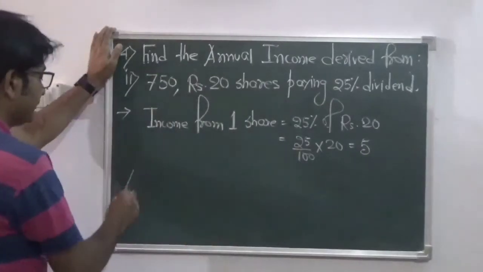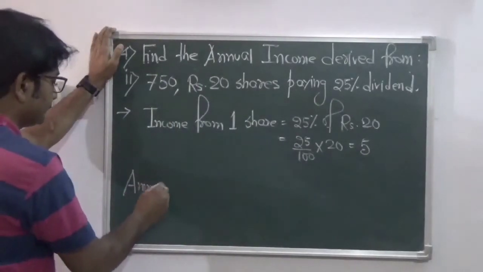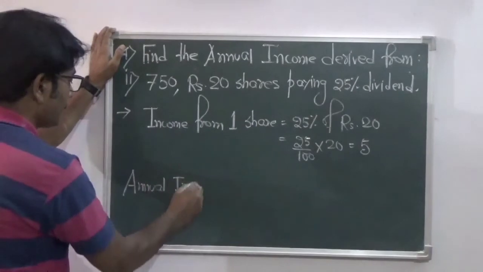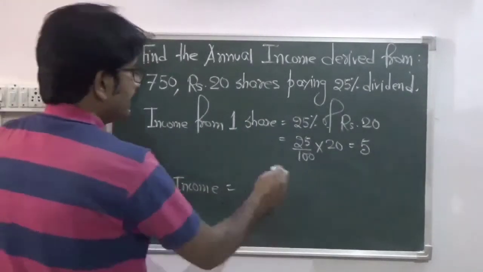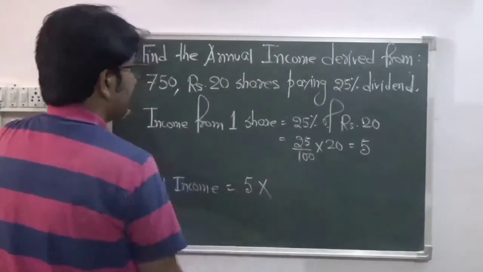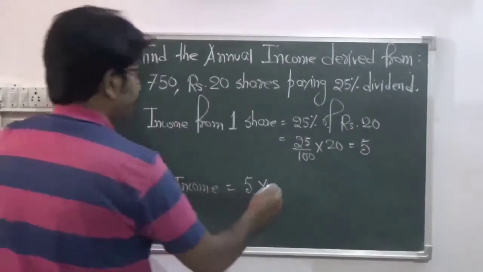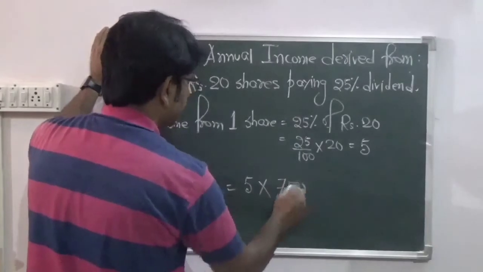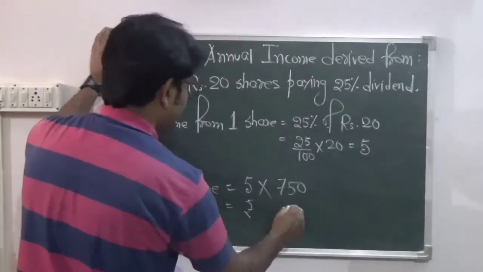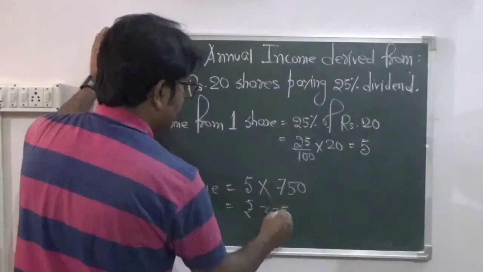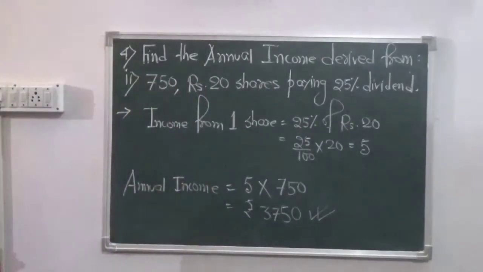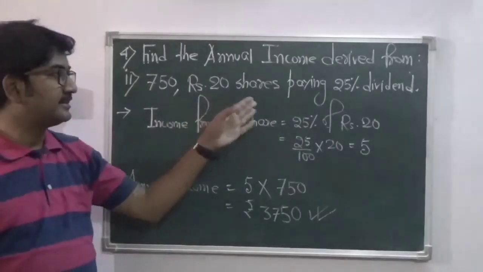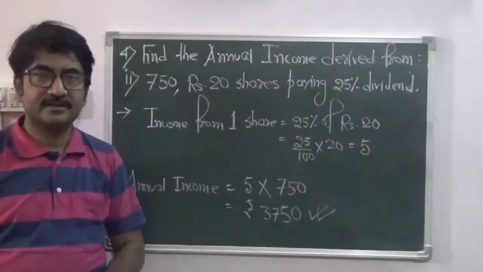So the annual income is income from one share, that is rupees 5, multiplied by the total number of shares, that is 750, which is rupees 3750. So this is the annual income derived from 750 rupees 20 shares, paying 25% dividend.